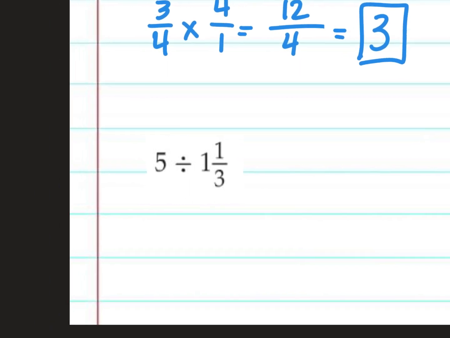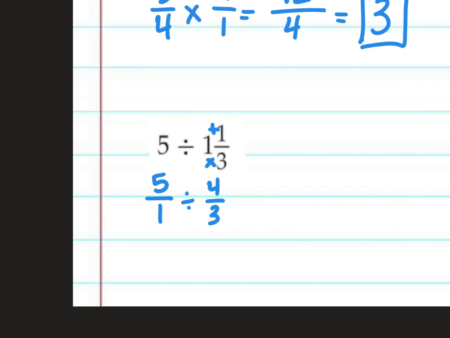Okay, 5 divided by 1 1/3. Again, we have to turn mixed numbers into improper fractions. We also have to write whole numbers over 1. So 3 times 1 is 3, plus 1 is 4/3. Now that I have them written like this, I can do my keep, change, flip. Please do not try to do them all in one step. Do it one step at a time. Make them improper, then show your keep, change, flip.